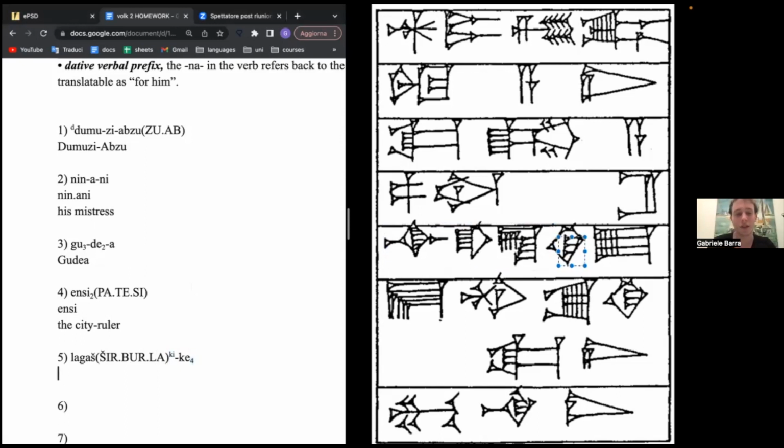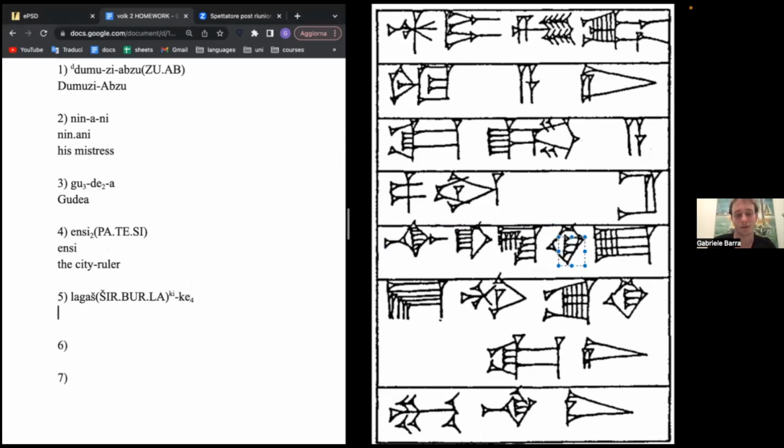Do we want to do the analysis? So Lagash is a genitive, and then you have the ergative of Gudea. Very well. So we know that the subject is probably Gudea, who is the city ruler of Lagash.